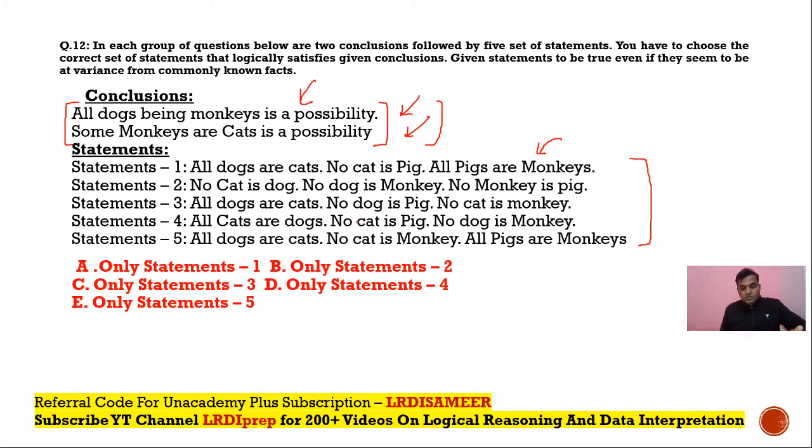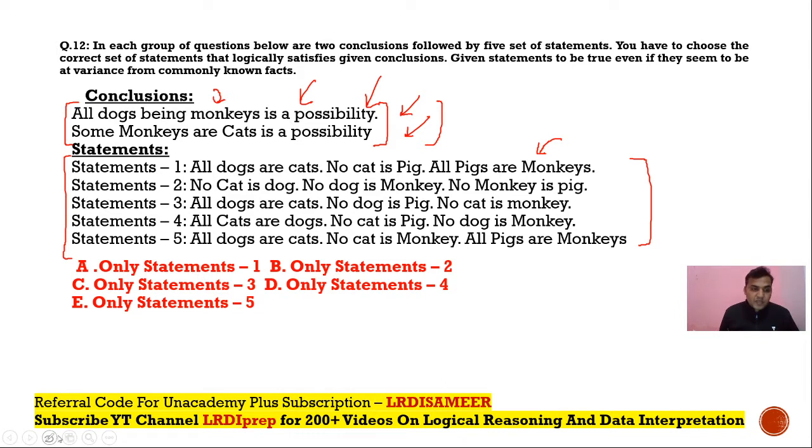So you need to think in a reverse way, right? You need to first make the Venn diagram of the conclusions, and then looking at the Venn diagram of the conclusions, you are supposed to find out which statement will give us these two final conclusions.